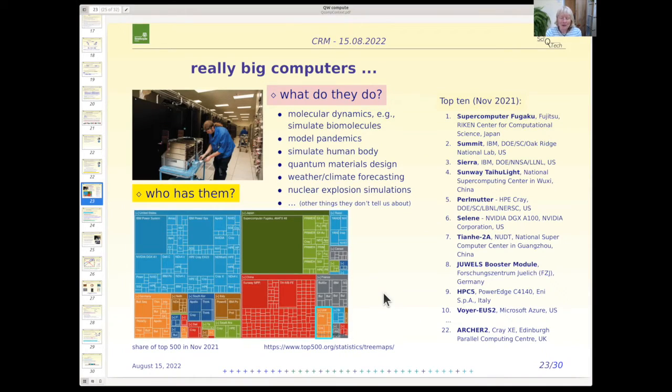A couple of weeks ago, I was on a little tour of one of Durham's high performance computing facilities. In fact, it's one of the ones that does the particle physics calculations and cosmology. It's by no means the largest in the UK, but it was impressive enough to see.